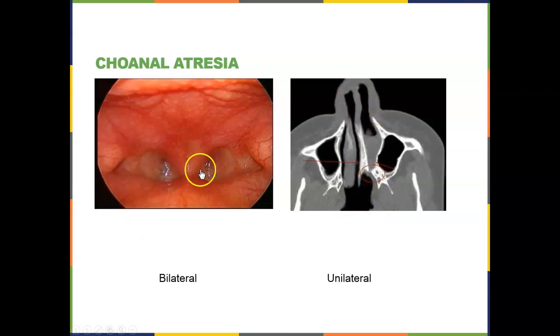A bilateral choanal atresia can be life-threatening in infants. Infants breathe through their nasal cavity. They don't breathe through their mouth when they're first born. They start breathing through their mouth as they age. Because of that, they're going to have trouble if they have a blockage.